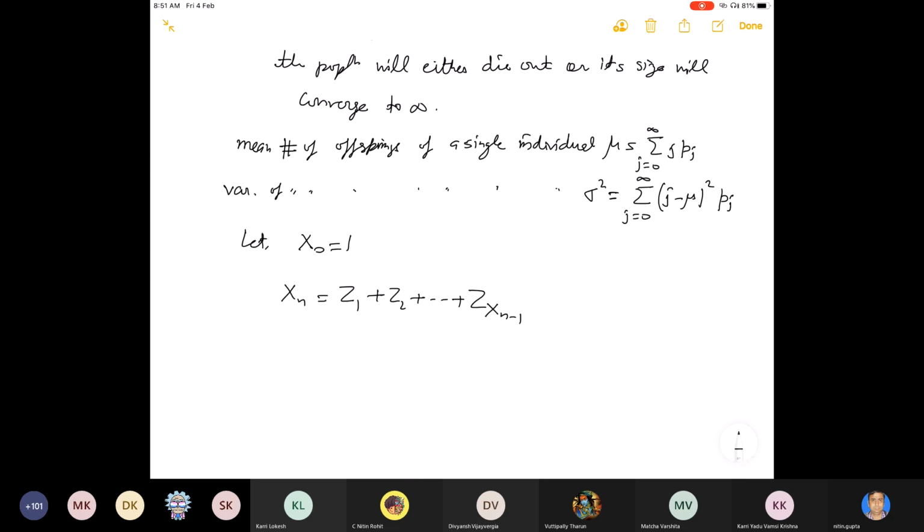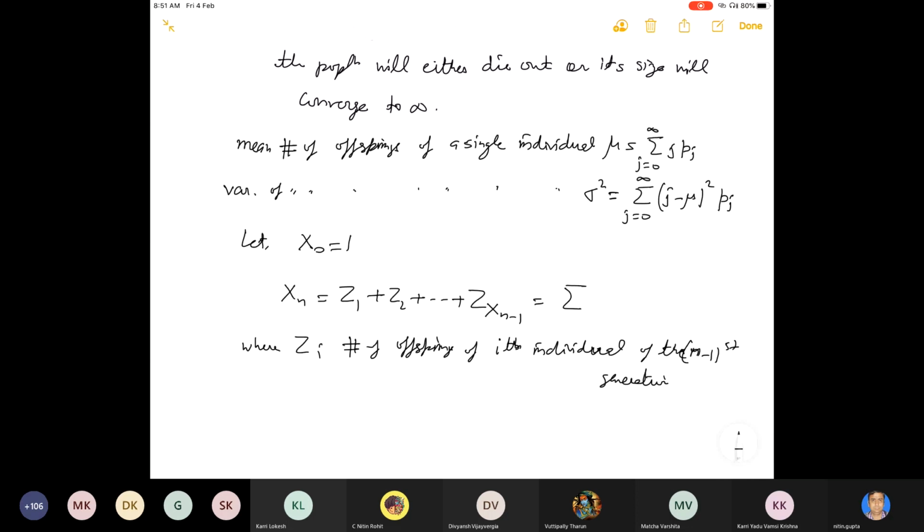Because Xn minus 1 individuals are there in the n minus first generation, where Zi are the number of offsprings of the ith individual of the n minus first generation. So Xn can be written in this form.